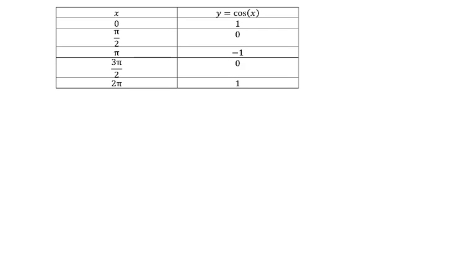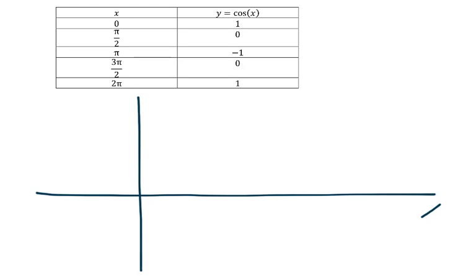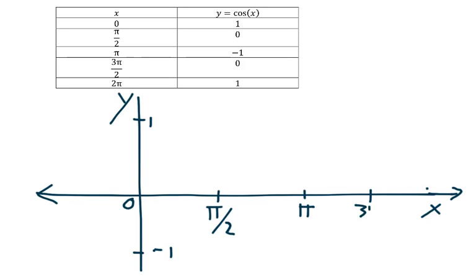Just like before, we're going to have our x and our y-axis, like so. Okay, good. So we have 0, pi over 2, there's pi, 3 pi over 2, here's 2 pi. Now let me just move the x out of the way to make it look a little bit nicer.